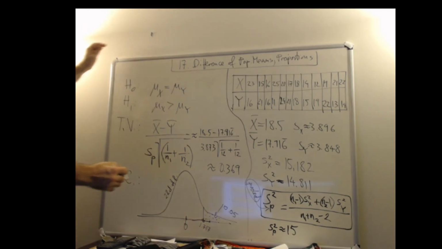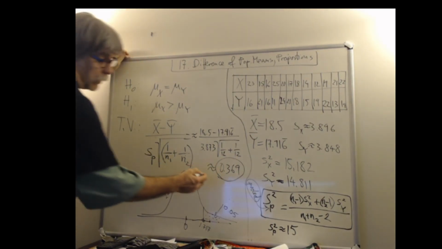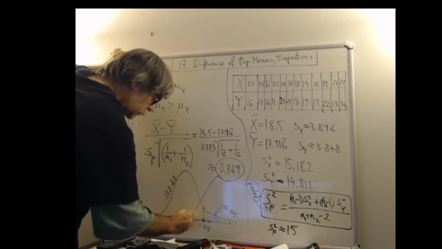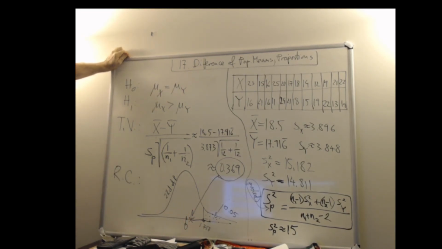And now I'm looking for this guy being in the tail, rejection criterion. It isn't, it's right here. I'm not really precise, but somewhere closer to 0. This is much bigger number, 1.717, 5 times bigger, right? So, no rejection here.